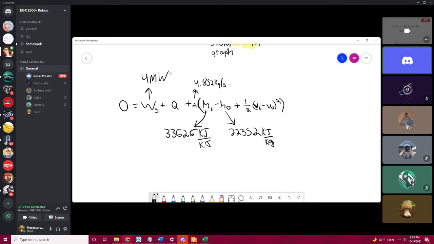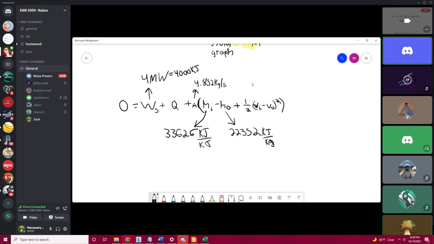So this is... What is that? 4,000 kilowatts? Mm-hmm. Or kilojoules, I mean. Oh, that Q would also be... I moved it to the left side, which will make it positive.